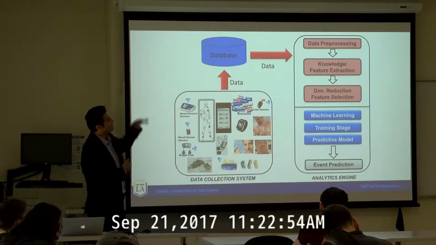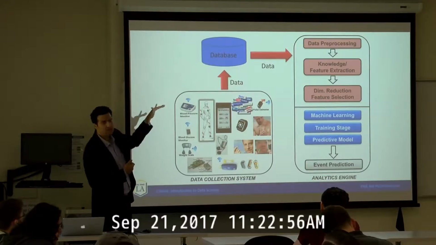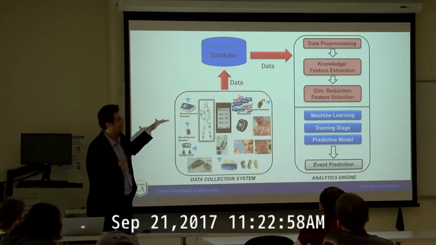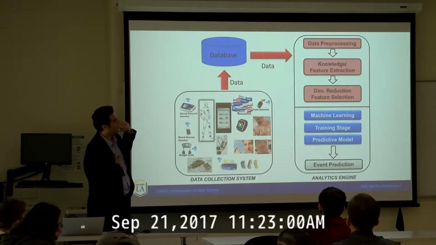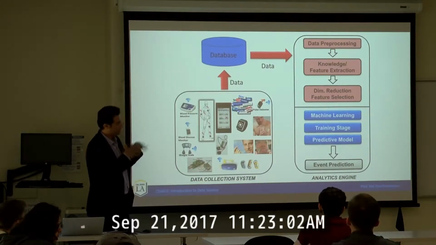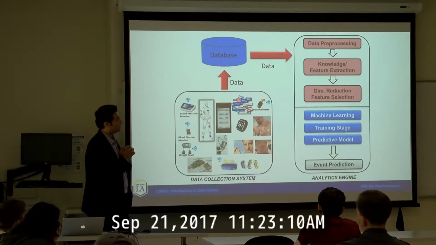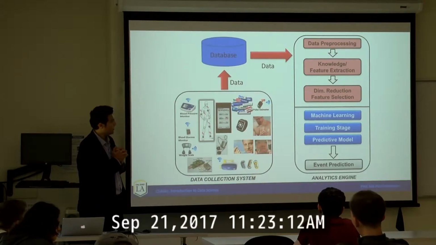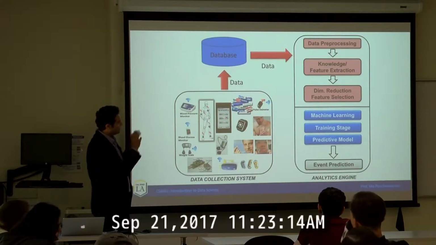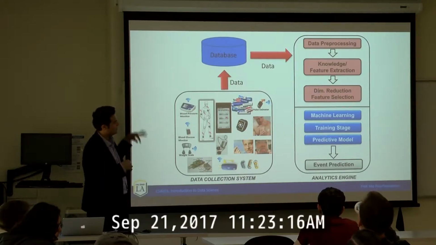continuously. So we receive that data, we do data pre-processing to clean the data, get rid of outliers or bad parts of the data. Knowledge or feature extraction is the next step, dimensional reduction or feature selection. Of course I'm not able to talk about every detail, but this is the main architecture.